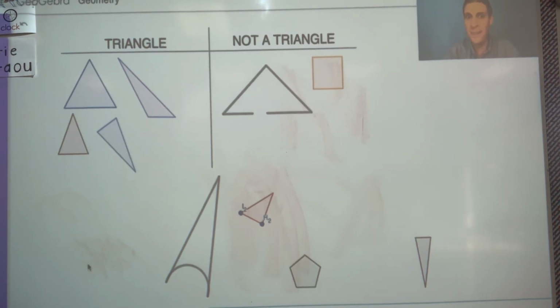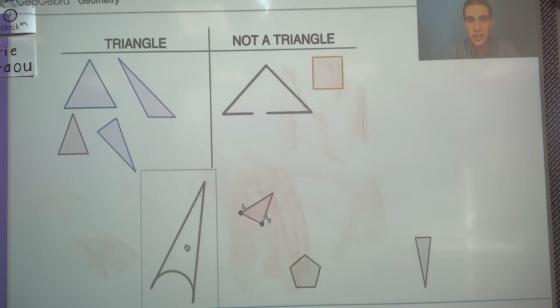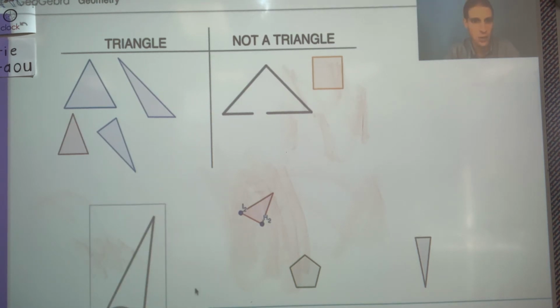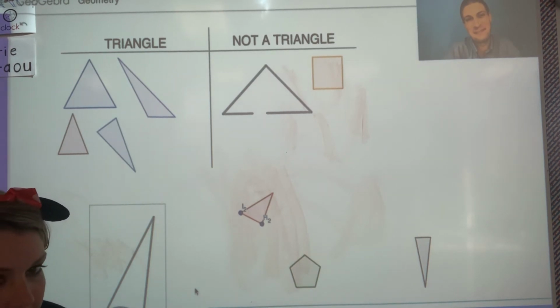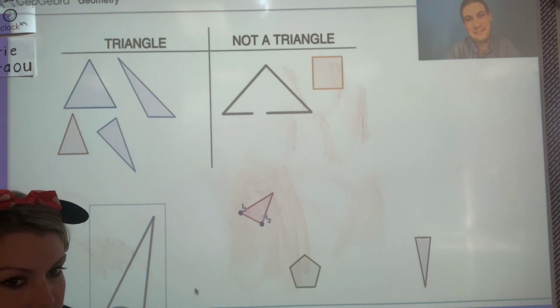Nice. What about this shape? Oh, that's gotta be a triangle, right? Tell your friend. How do you know? Is it a triangle or not, and use a complete whole sentence.